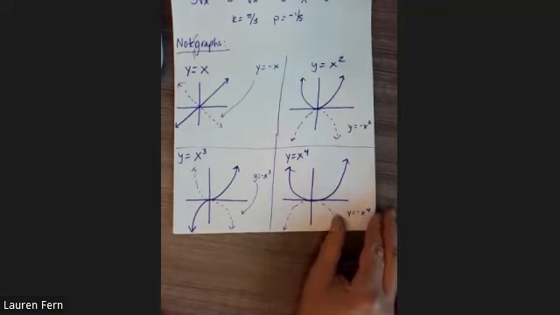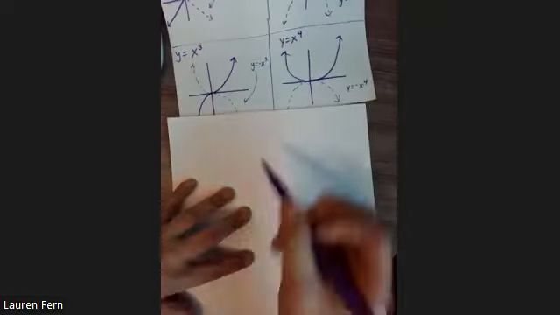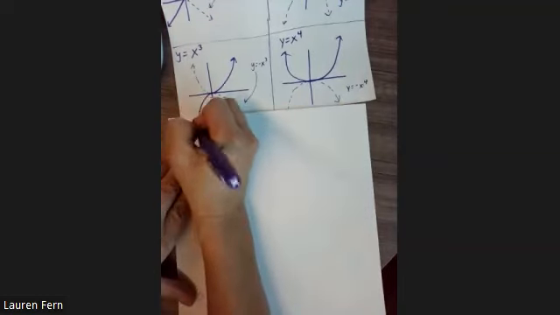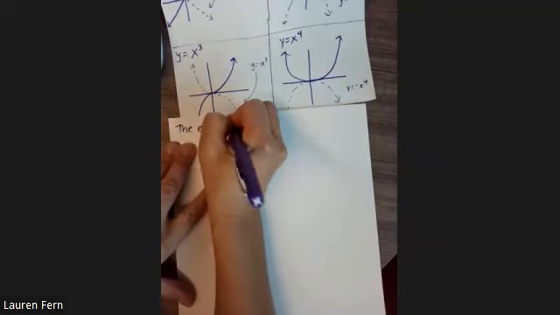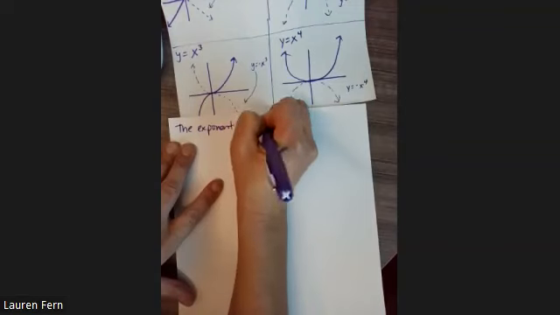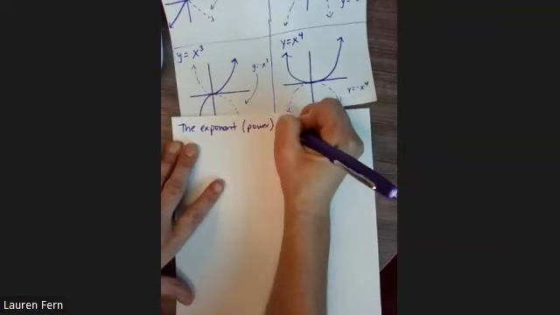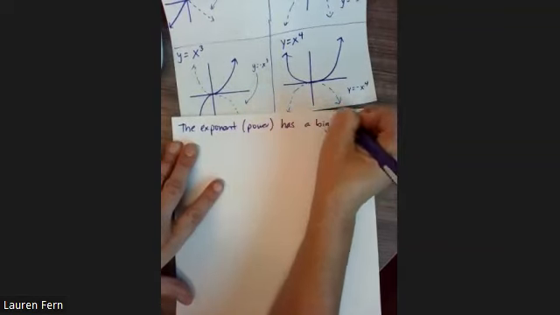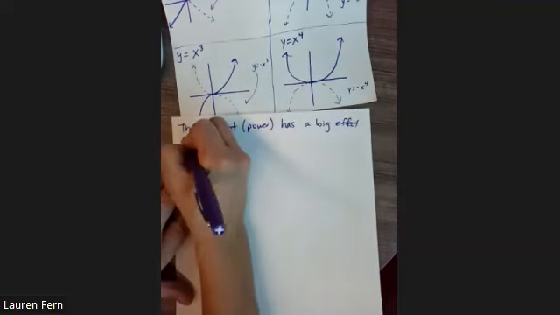Okay, and there's something common going on with each of these graphs. In fact, what I'm going to tell you is that the exponent, or our power, has a big effect on our graph.